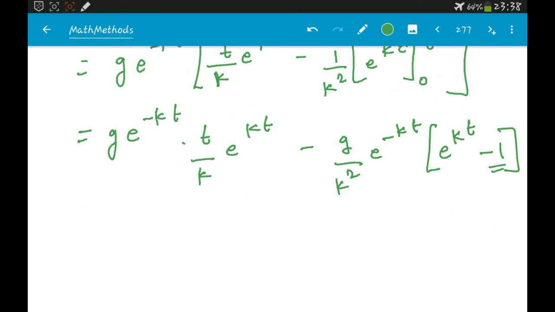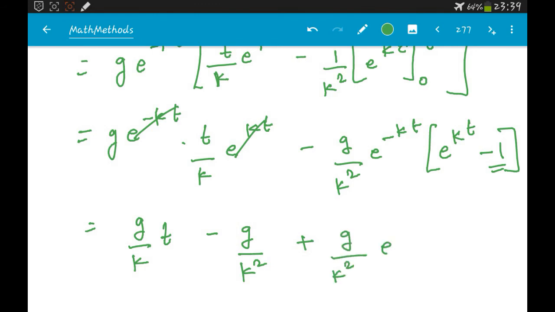Alright, so e power kt and e power kt will give 1, and you are left with g by k into t minus g by k square plus g by k square into e power minus kt, right? So this is your x of t. So you can see that we were able to solve for x of t even with Laplace transform, and we got the same answer. You can verify this. You have got the exact same answer.